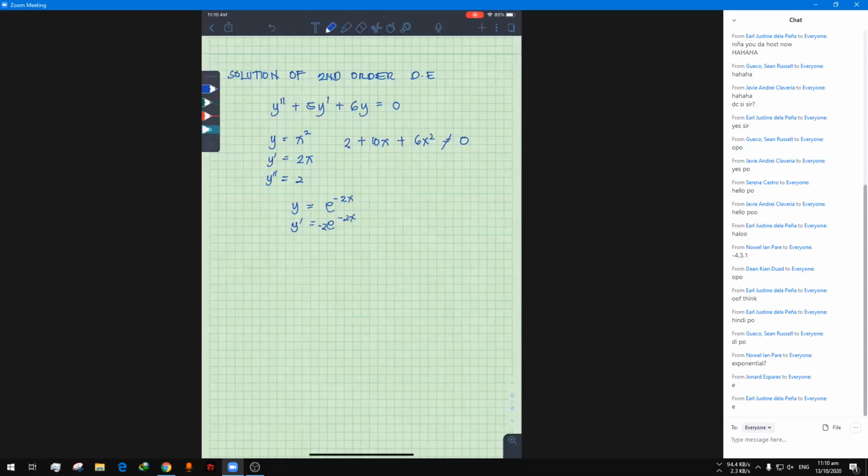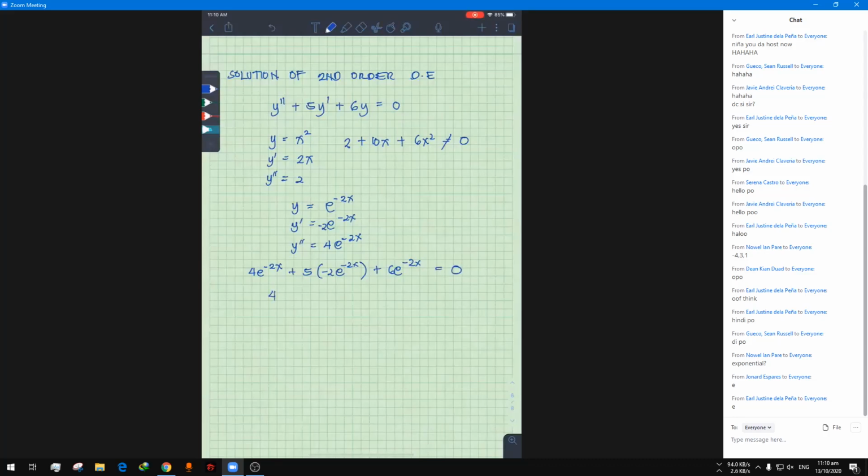Tama? So y double prime would be +4 e raised to -2x. Pag sinubstitute ko yan, y double prime is 4 e raised to -2x, tapos plus 5 times y prime, -2 e raised to -2x, then plus 6 e raised to -2x equals to 0.